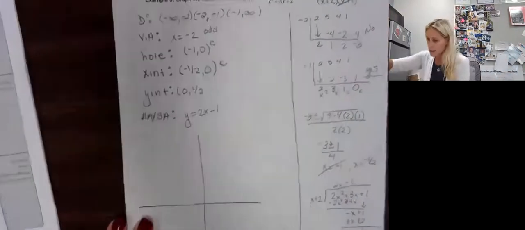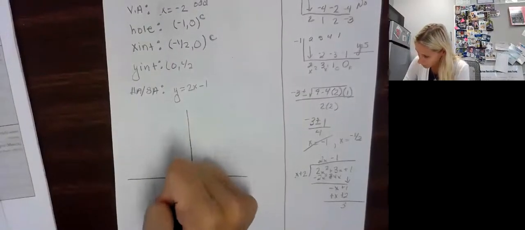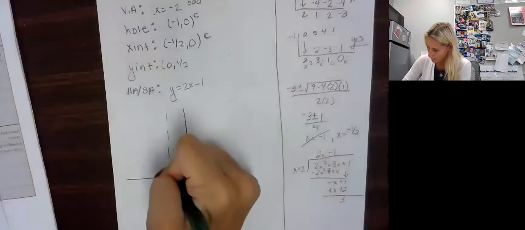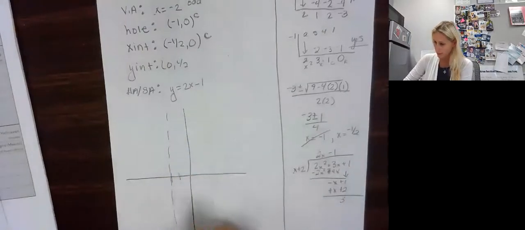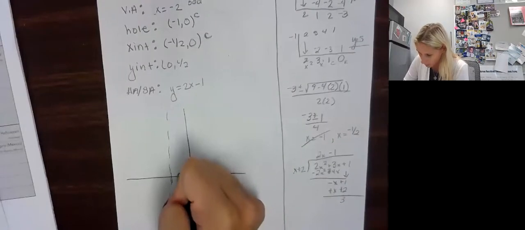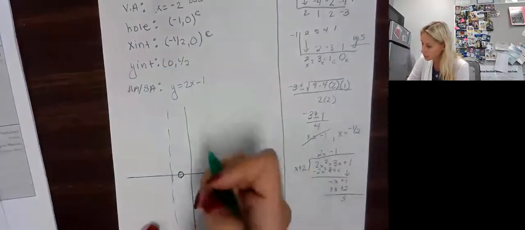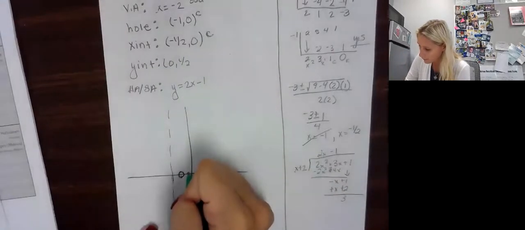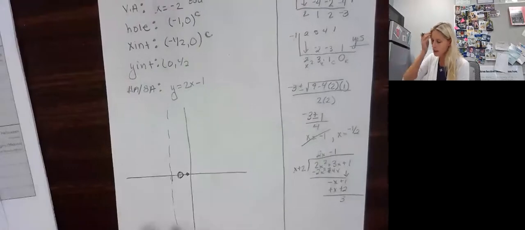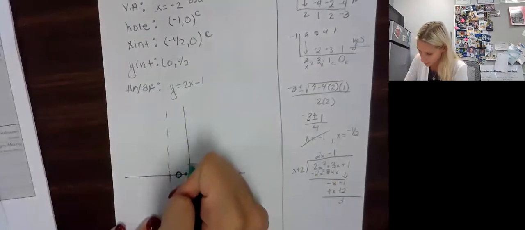All right, so we have a vertical asymptote at negative 2. And that's odd, so remember they're going in separate ways. We have a hole at negative 1, 0. Make sure it looks like a hole. We have an x-intercept at 1/2, 0. And we have a y-intercept at 1/2.